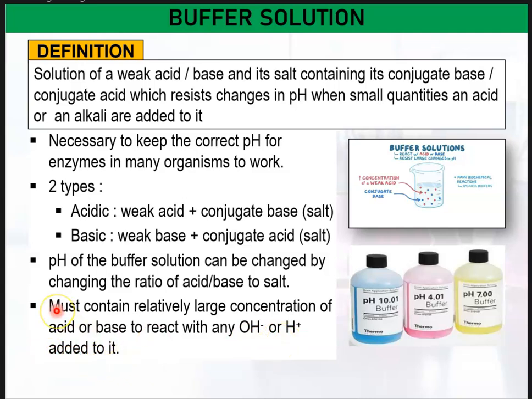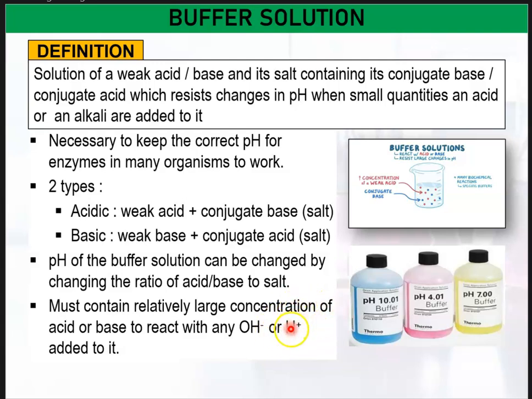Buffer ni mesti ada banyak salts. So bila kita tambah base, dia boleh terus react so that there is no free OH in the solution, because free OH will determine the pH of the solution, similar to the H plus, hydrogen ion or hydronium ion.